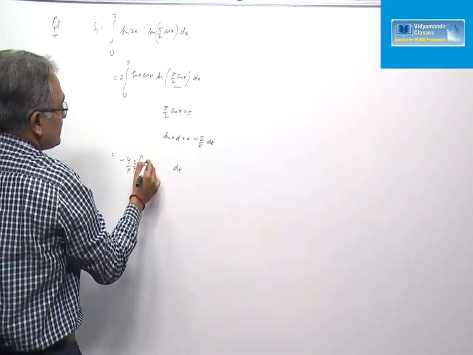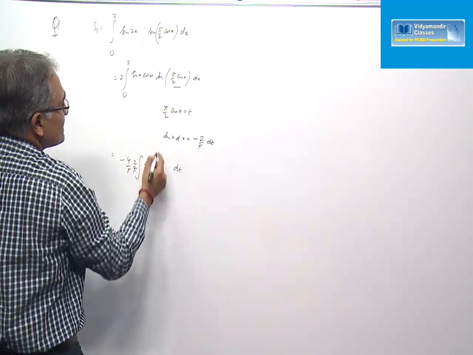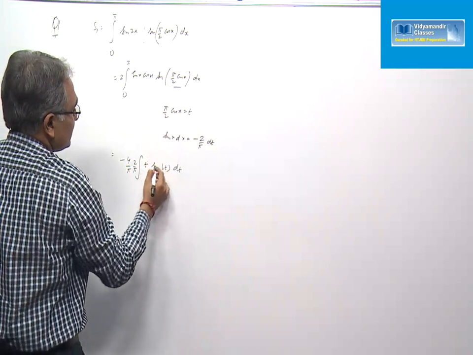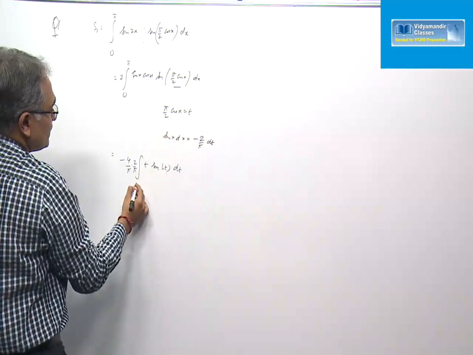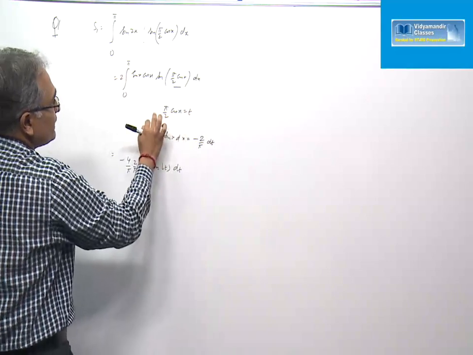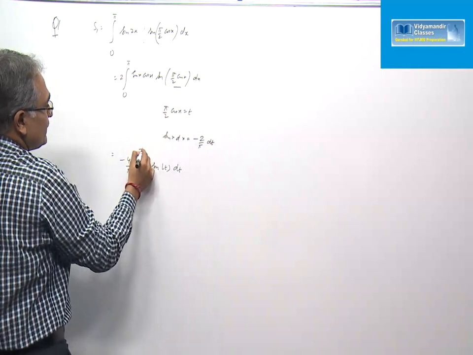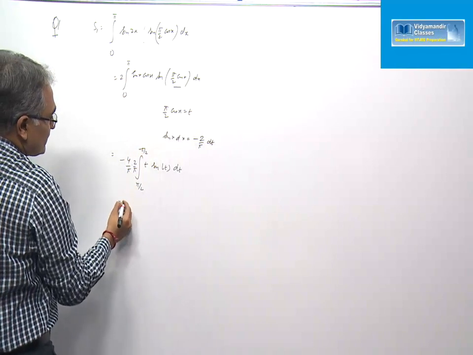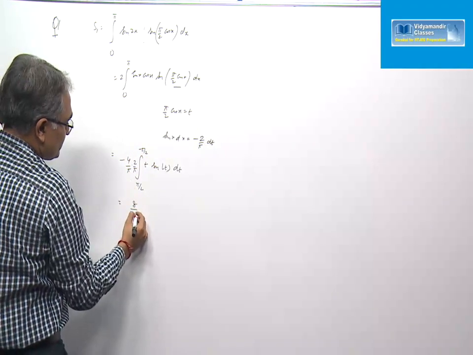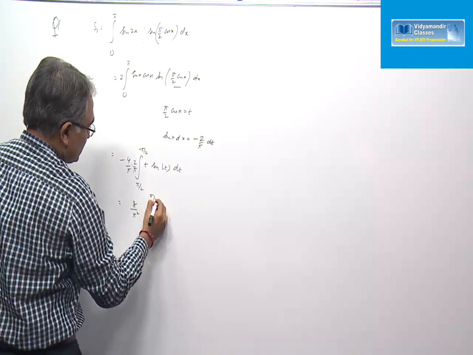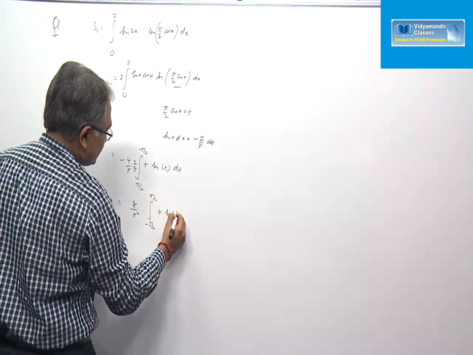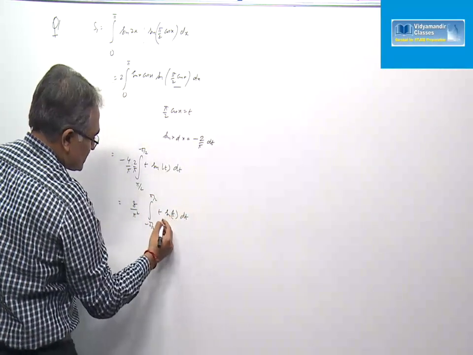further t sin t, and limits are when x is 0, t is pi by 2 and when x is pi, t is minus pi by 2, that is 8 by pi square integral minus pi by 2 to pi by 2 t sin t dt, which is an even function.